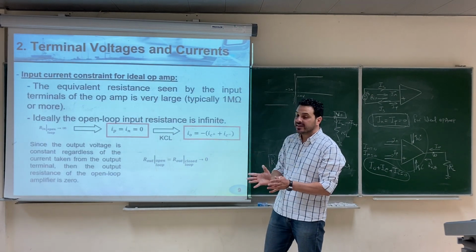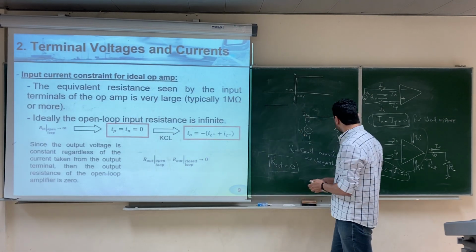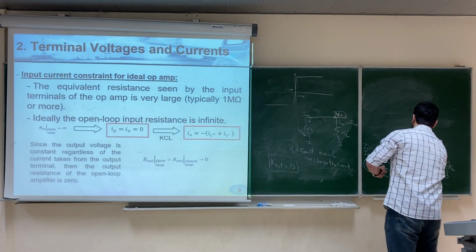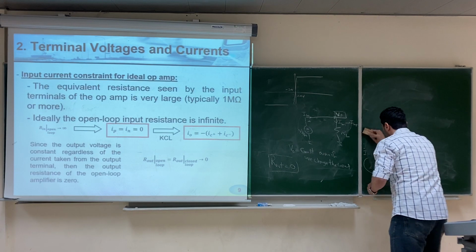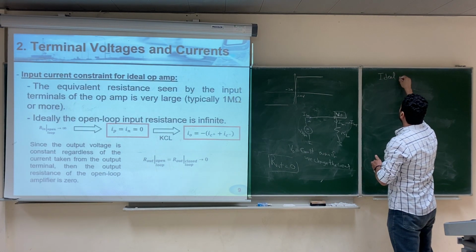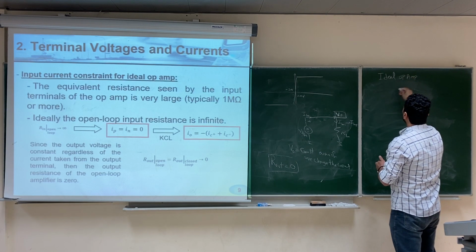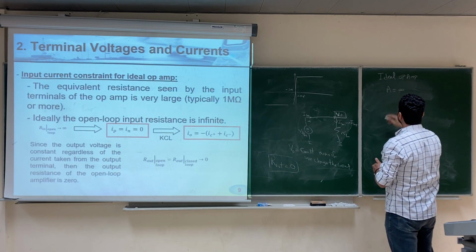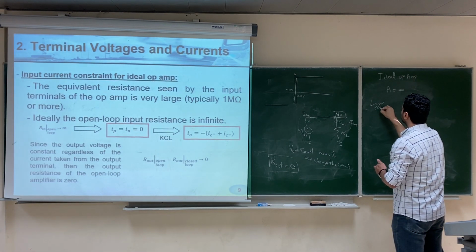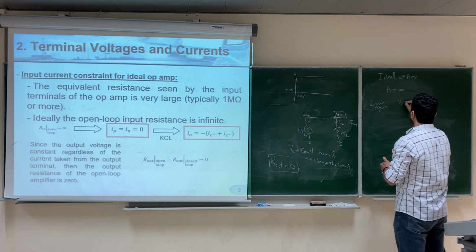All these characteristics about the op-amp, we can summarize quickly here. For the ideal op-amp, the gain is infinity. In the linear region, Vp equals Vm.